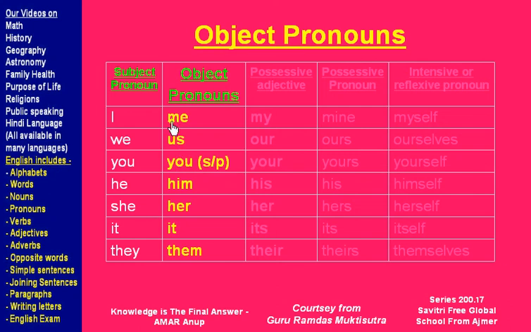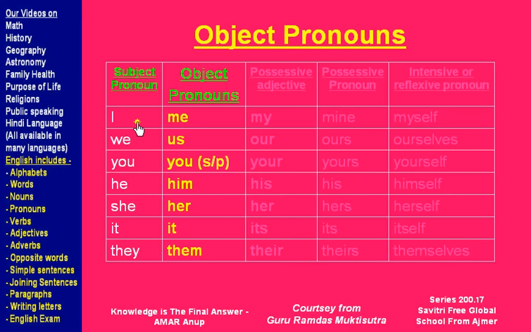Repeat after me. These in yellow are object pronouns, and compare them with the subject pronouns. So repeat after me. Me, us, you, him, her, it, them.